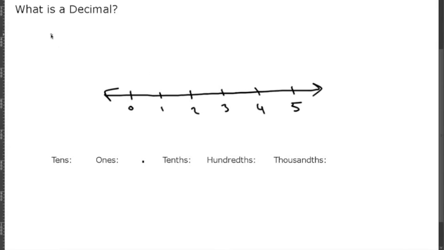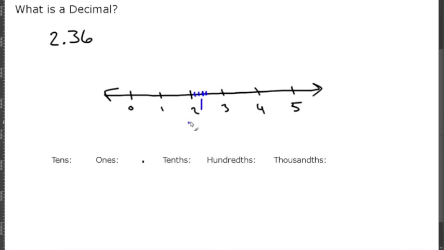Now let's say I give you 2.36. Looking at the number line, we know that 2.36 is going to fall between 2 and 3. So we're going to go 3/10 over, so it would be 2.1, 2.2, 2.3, and there's 6 hundredths as well, which is hard to plot accurately on a number line this small, but you would just go over 1 hundredth, 2 hundredths, 3, 4, 5, 6 hundredths.